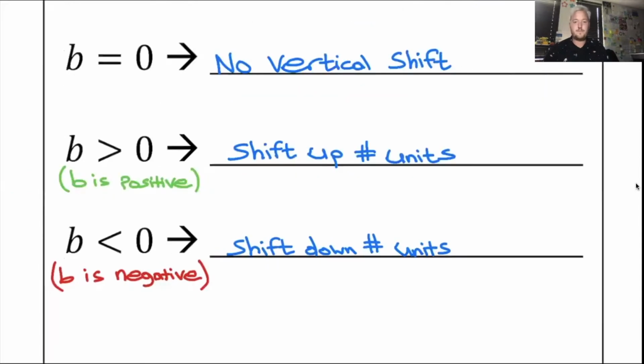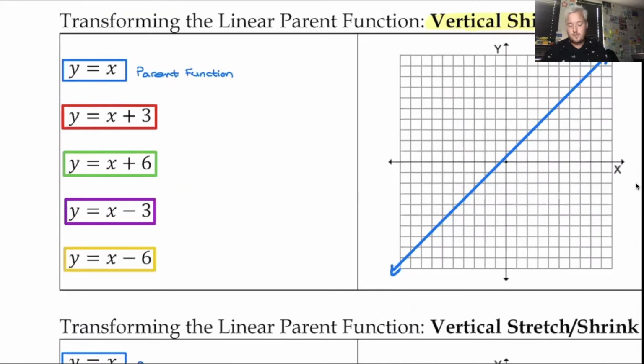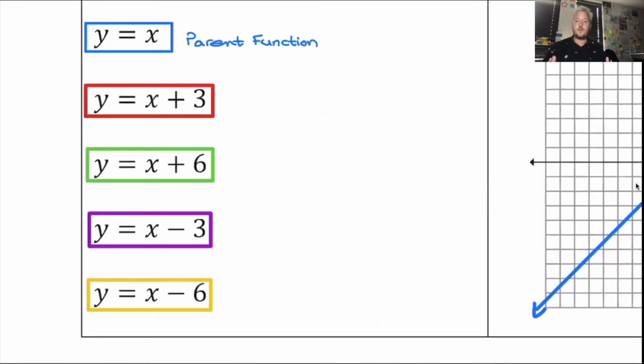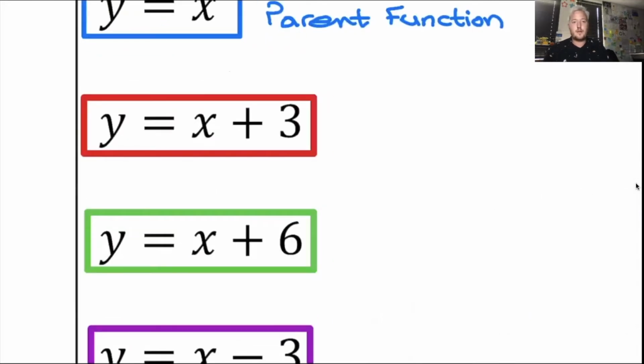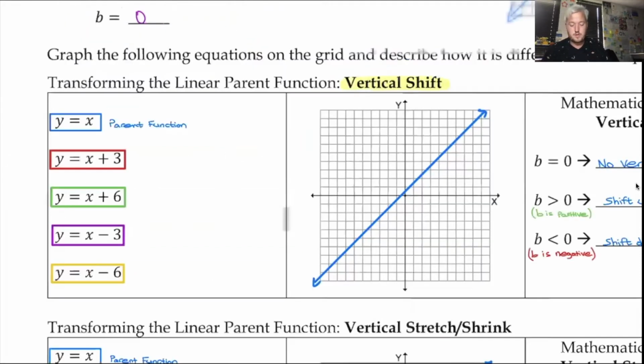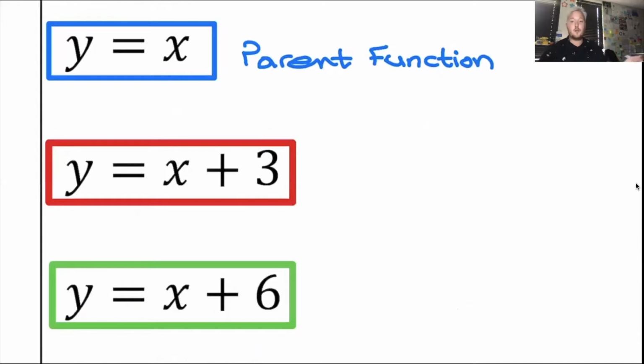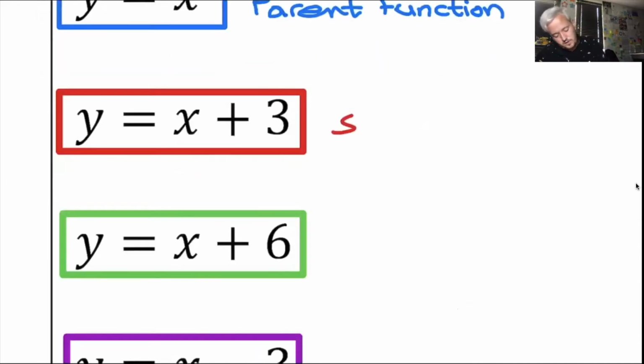All right, so let's actually graph some of these. I went ahead and color coded these as well so you can see what graph corresponds to which equation. Now we have y equals x plus 3. We have our parent function up here, which is the OG, and it's already graphed for us. Now I have y equals x plus 3, so I'm going to shift up 3 units.